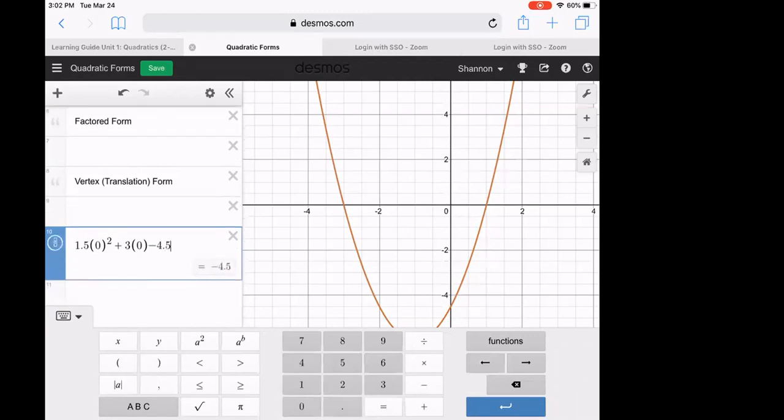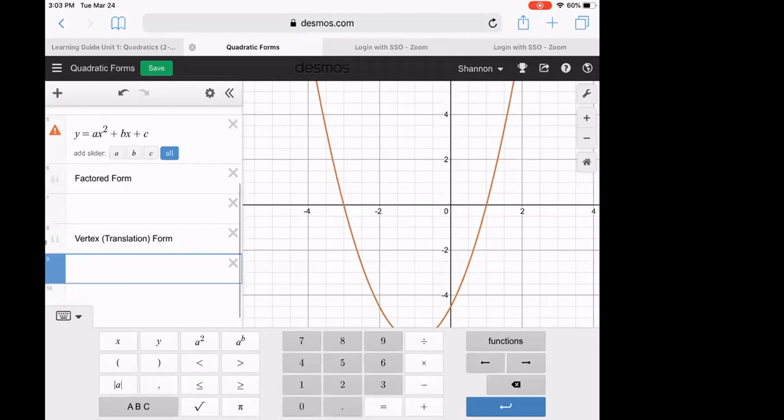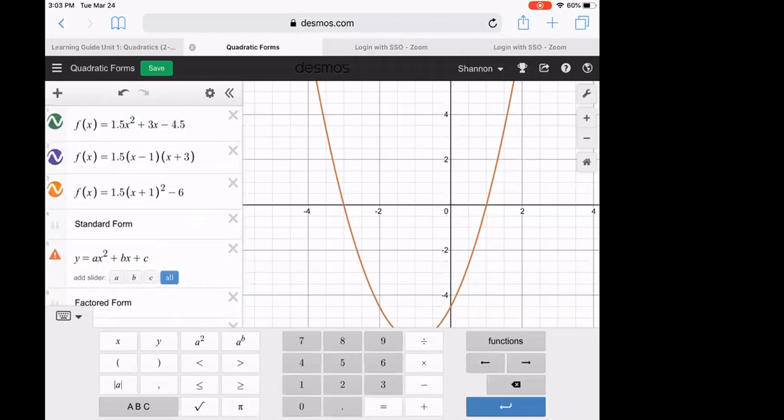So if you think about the algebra that's happening here, 0 squared is just 0, and 0 times 1.5 is still 0. The entire first term gets zeroed out. The middle term is 3 times 0. And again, 0 times anything is just 0. So your A term and your B term are always going to get zeroed out, but the minus 4.5 is definitely still there. So that's just confirmation that the C value is indeed always going to be your vertical intercept.